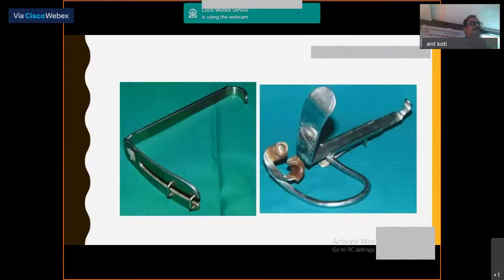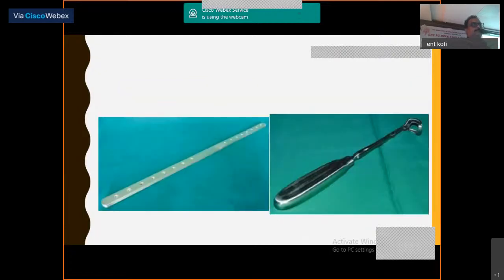This is Boyle-Davis. This is Doughty's tongue blade. Doughty's tongue blade. Davis-Boyle's mouth gag. Okay. Now, this one. You are teaching the undergraduates very well.